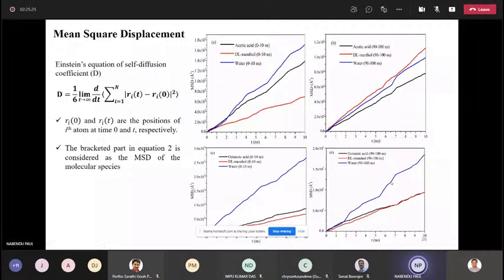The DL-menthol and octanoic acid maintain similar trends to each other and different from the water, which signifies that the distribution is quite different, the diffusion is quite different, and also water is not distributing or diffusing into the DES space. That is what we can get from this data.